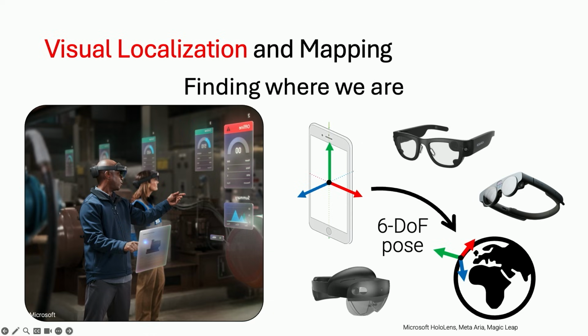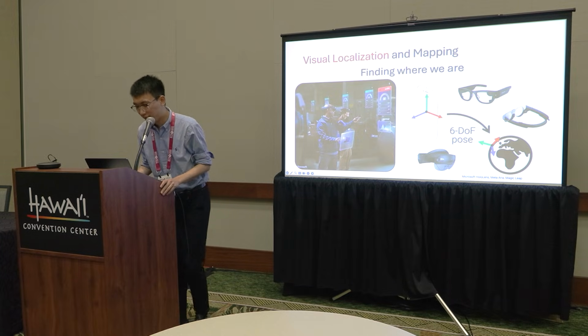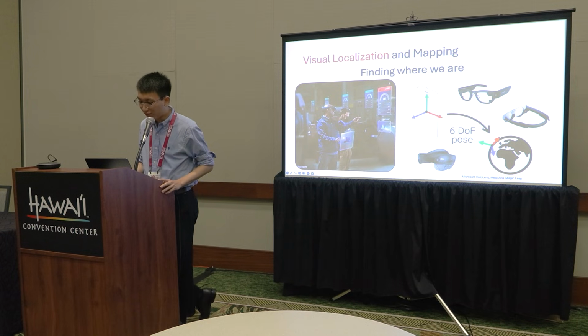This is a common problem faced by all of us when we need to navigate in the city. On the other hand, mobile devices like phones and glasses also need to know where they are, because once they know, they can enable a lot of 3D augmented reality applications.